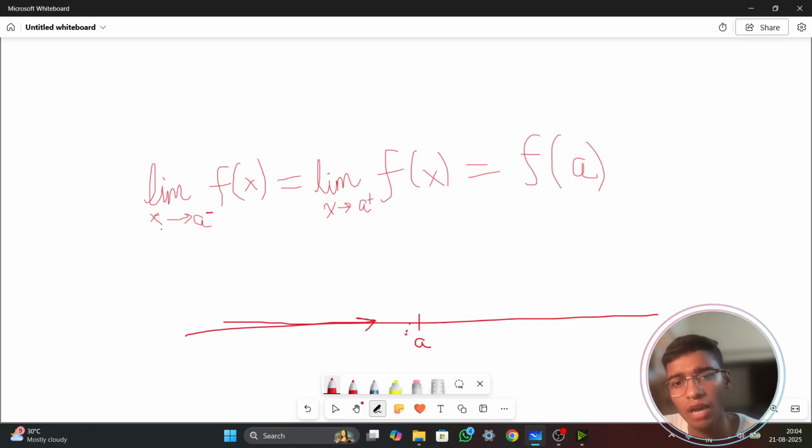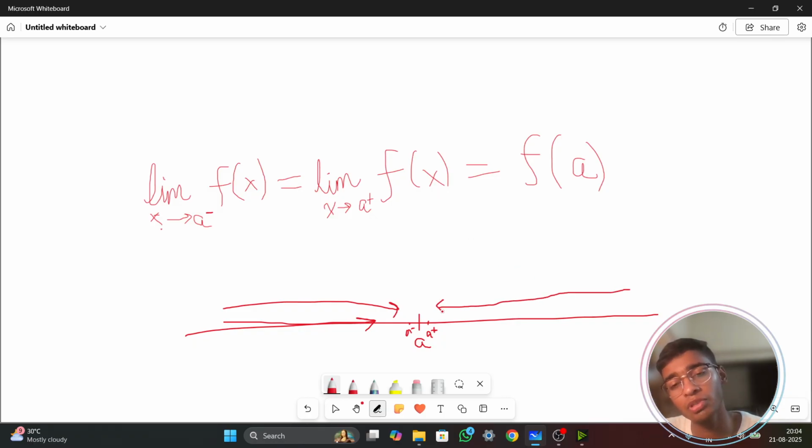And here I would have some a negative, a very small value very close to a, which is called a negative. And moving towards the right, I would have some a positive, right? So I say the limit of my function f(x) when I am coming from the negative side, that is from the left-hand side, tending to a negative, should be equal to the limit of function f(x) when x is tending to a positive.